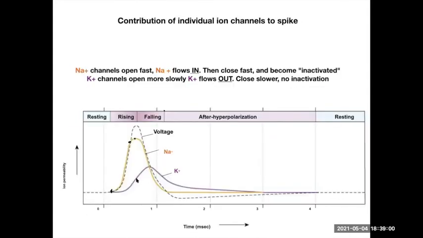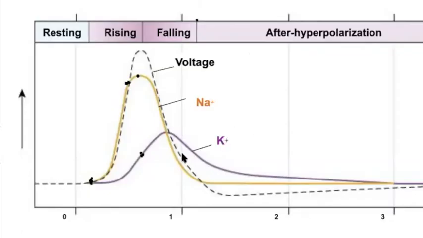What's happening over here is an outflux. Potassium is leaving the cell, and that's what's eventually bringing this voltage down. So these are opening, sodium is flowing in, causing this depolarization. Because potassium is flowing out, that's bringing the cell back.